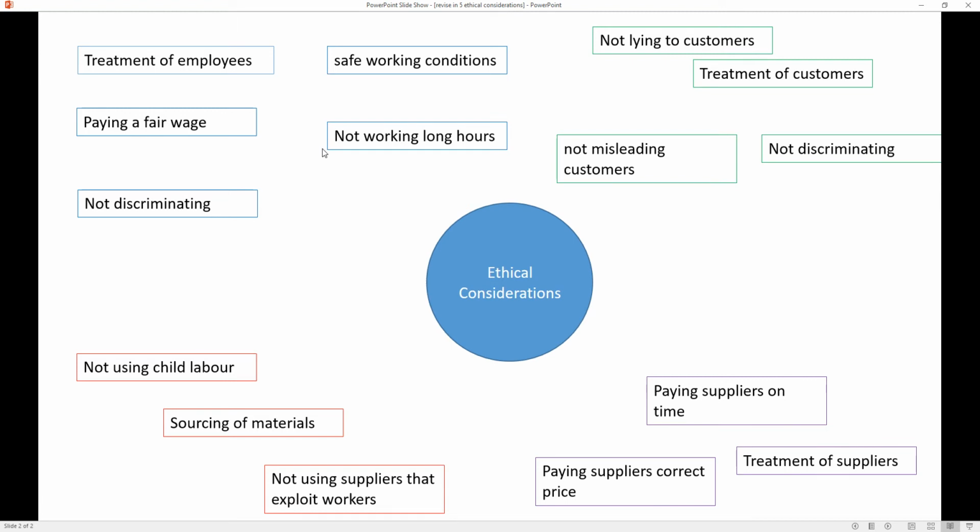Another consideration a business might look at is how they treat their customers, okay? So under that, you shouldn't lie to your customers, okay? It's unethical to lie to your customers or mislead them, okay? An example might be Volkswagen recently. They've been selling diesel cars that had 0 emissions, which obviously would entice customers who would want to buy a car which will benefit the environment or reduce the carbon footprint.